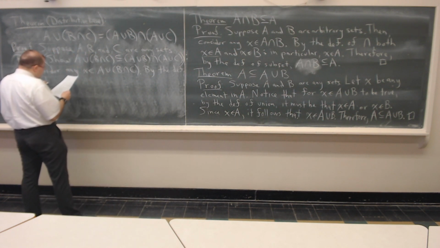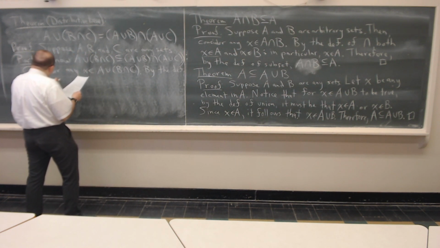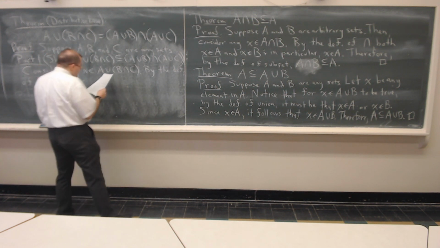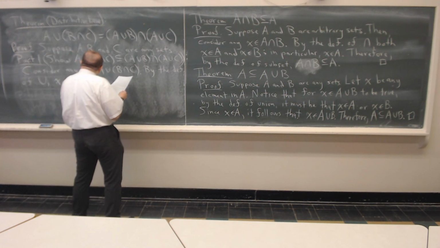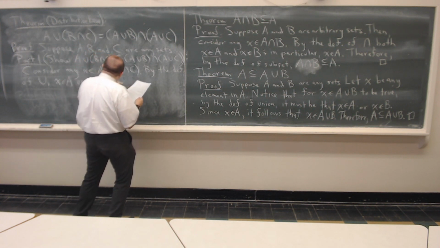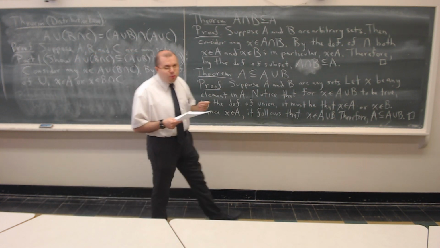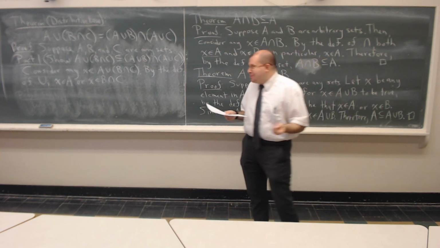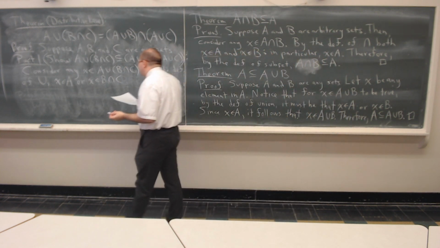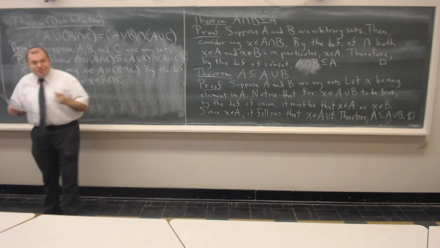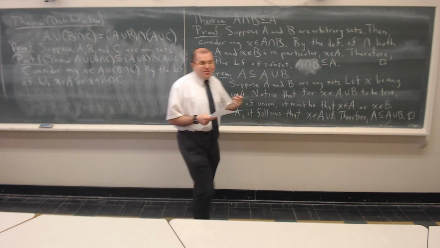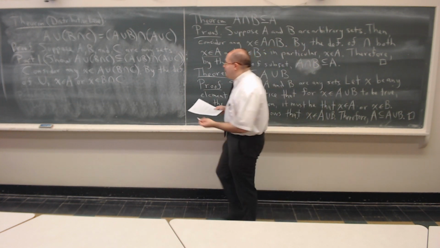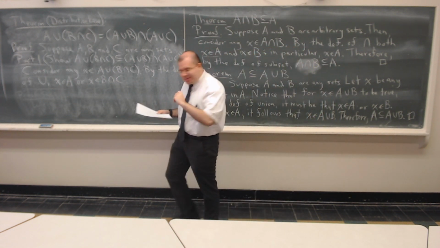By the definition of union, x is in A or x is in B intersection C. It's one or the other, but it could be both, technically, as long as one of these is true. However, I don't know which one is true, so I need to consider both cases. So I'm going to break this into two cases.